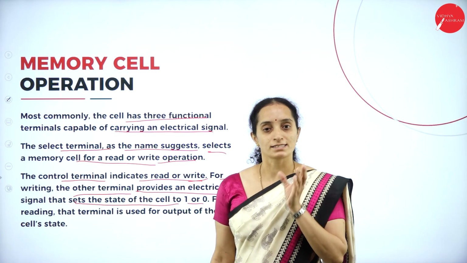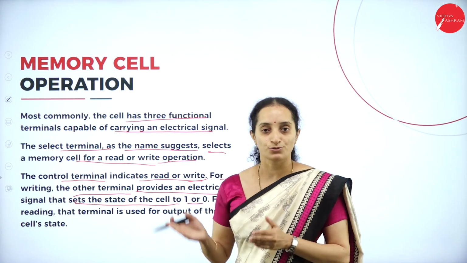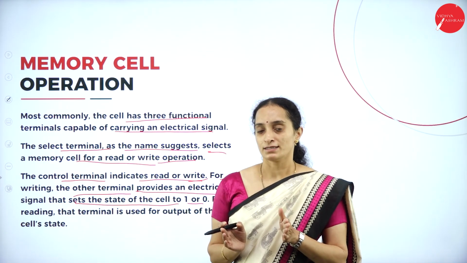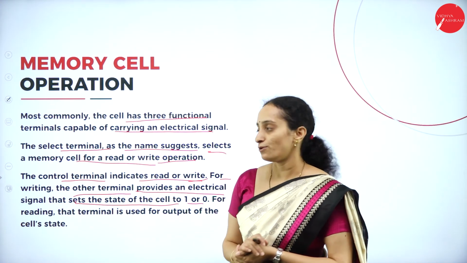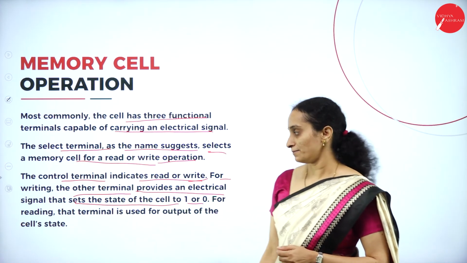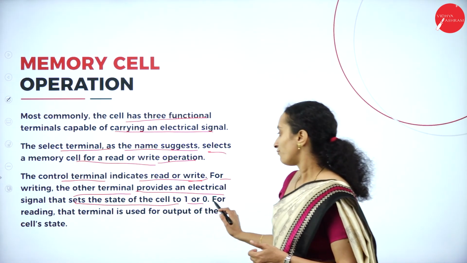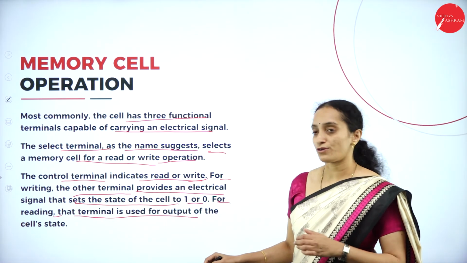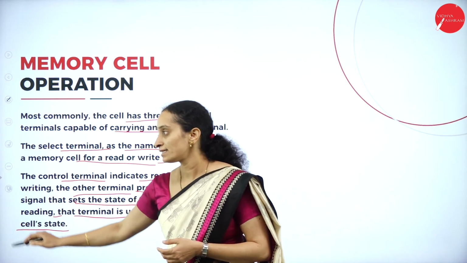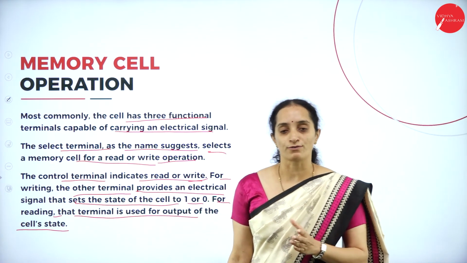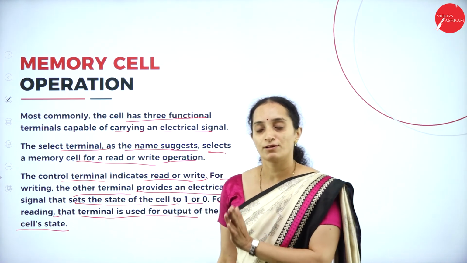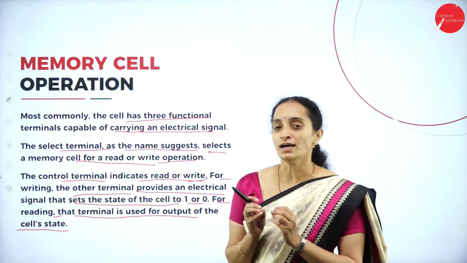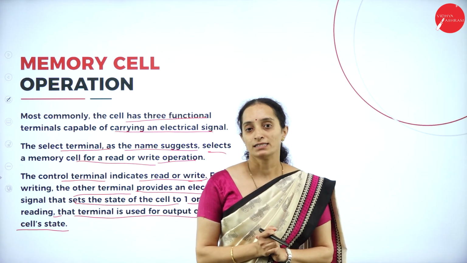If the cell is in 0 state, it will be changed to 1 state, and if the cell is in 1 state, it will be set to 0 for the write operation. For reading, the terminal is used for output of the cell's state, either 0 or 1. That state will be output so that the processor can read the data from the cell.